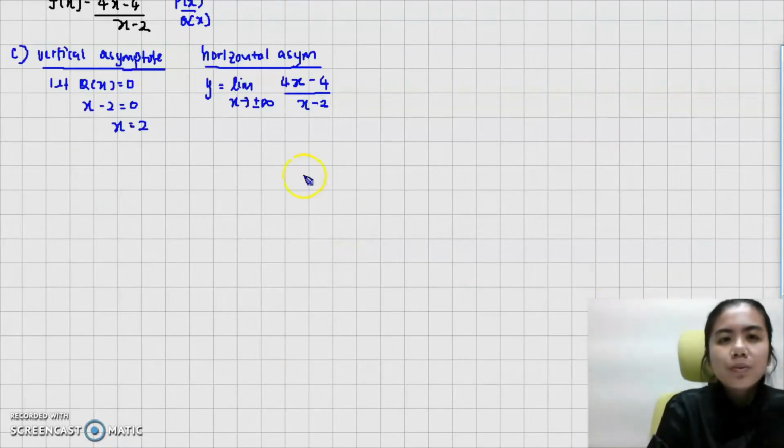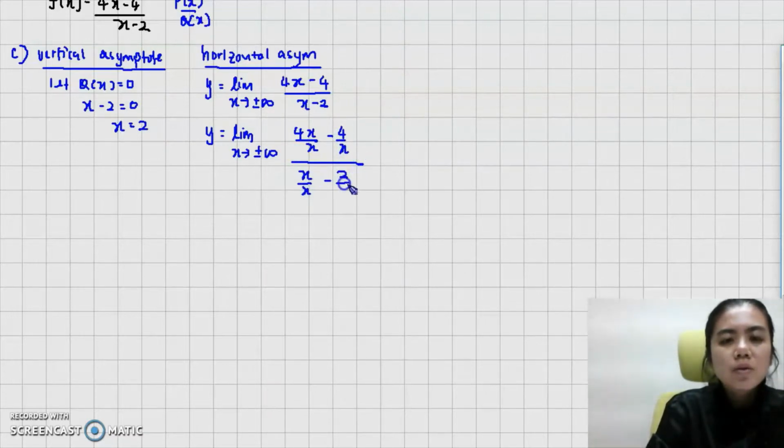In order to solve it, you have to divide by the highest power that you see in here. That is x, so you have x over x, divided by x over x, 2 over x.